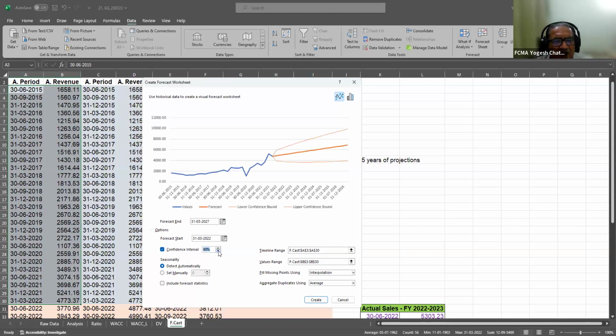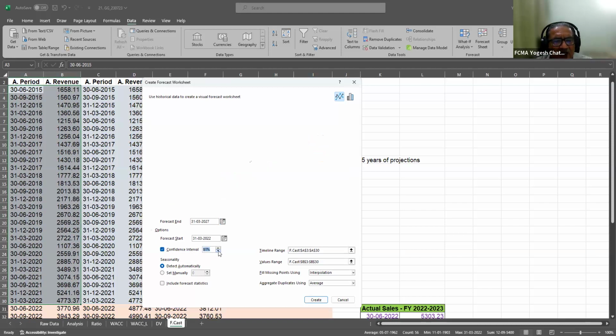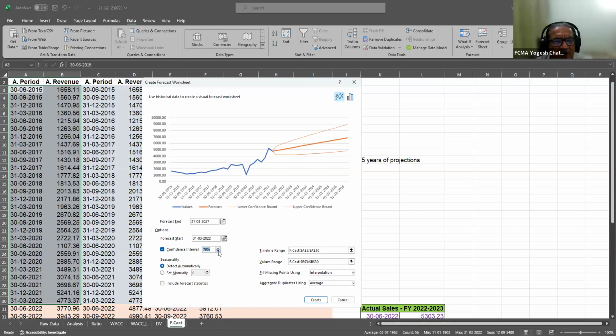Supposing I adjust this confidence interval to, say, 75%, and detect the seasonality. As we are all aware, each company will undergo a seasonality factor. We have two options: either we leave it to Excel to detect that automatically, or we can set it manually.